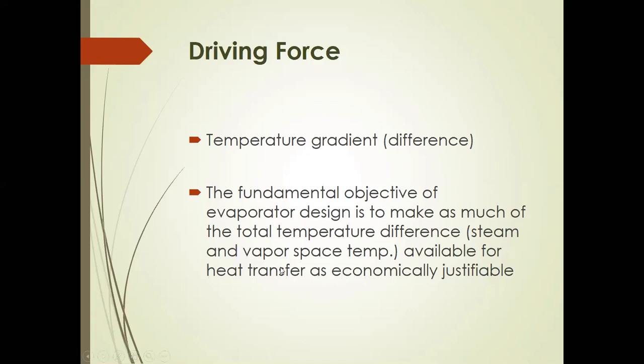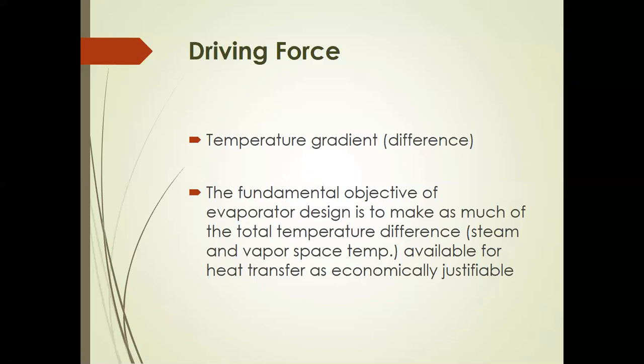Now, if it is the vapor space temperature, we can base this particular temperature on the operating pressure of your evaporator. Meaning, if the problem does not give you the boiling point of the solution, you can still find it if the problem is giving you the operating pressure of the evaporator. Based on that operating pressure, you go to your steam table and find the corresponding saturation temperature at that particular pressure.